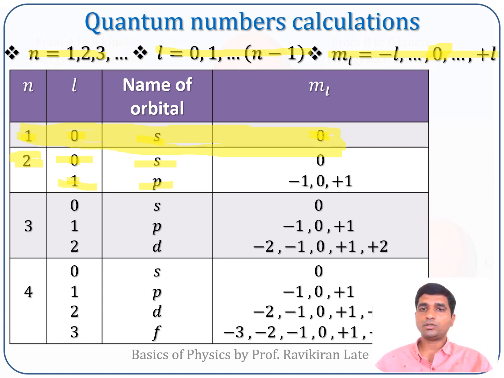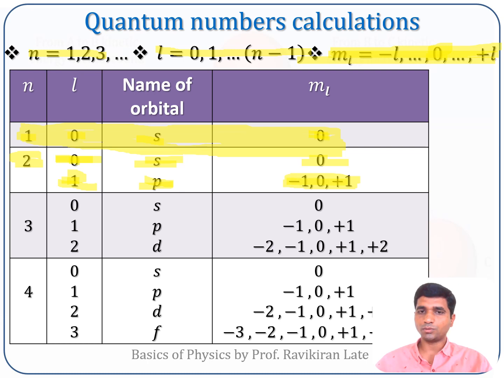Now depending upon the values of ml, which can go from minus l to plus l, for the s orbital, that is l equal to 0, the value of ml will be 0, and for l equal to 1, that is the p orbital, the value of ml will be minus 1 to plus 1 including 0.